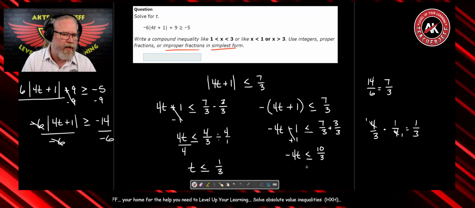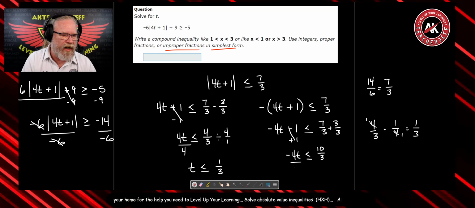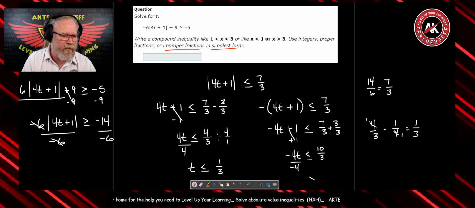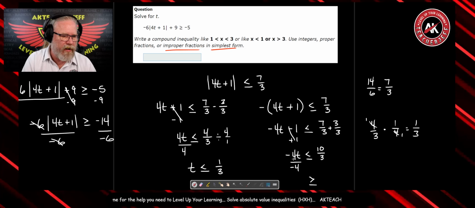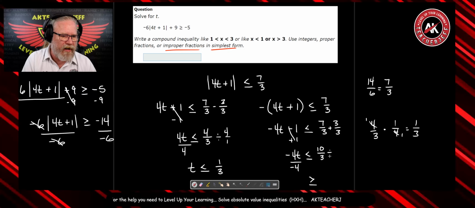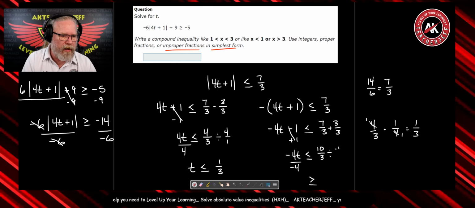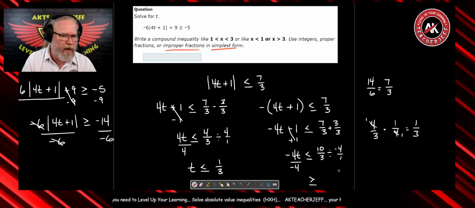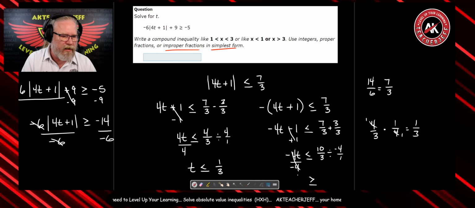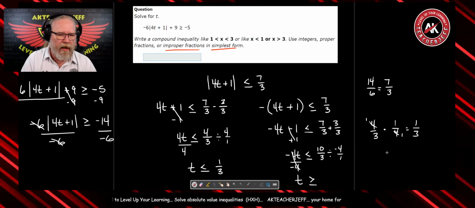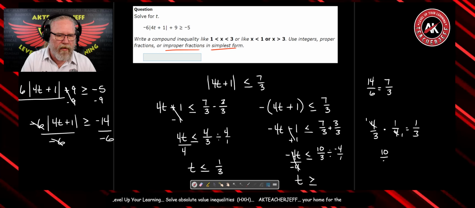And now I need to go ahead and divide by negative 4, right? And I'm dividing by a negative, so my sign's going to flip. And this here is divided by negative 4. And I'll write this negative 4 over 1. And those cancel, leaves me with t there. And then let's do 10 over 3.